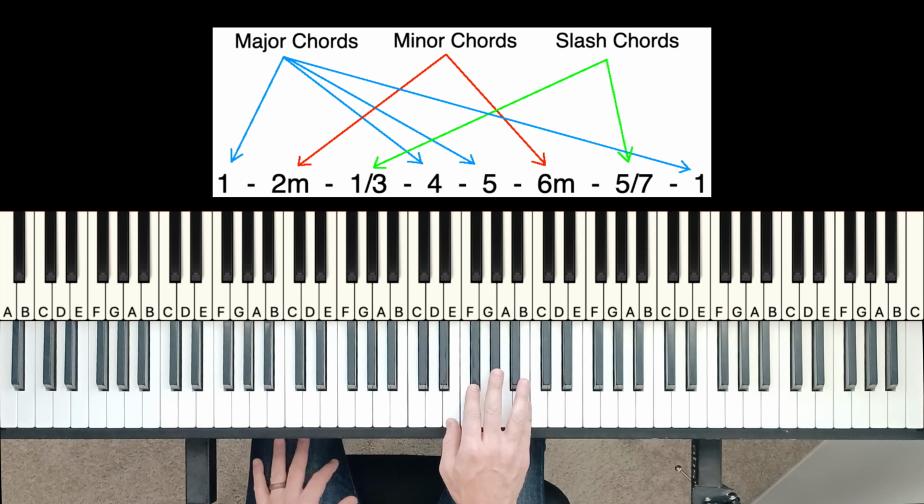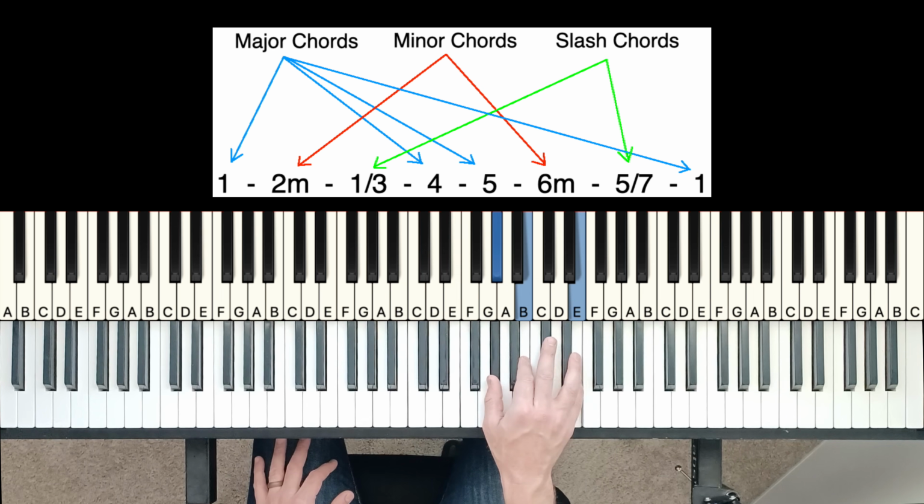If you want to do in the key of E, here's your 1 in the first inversion. So 1 to 4, top note is the shared note. 1 to 5, your middle note is the shared note.